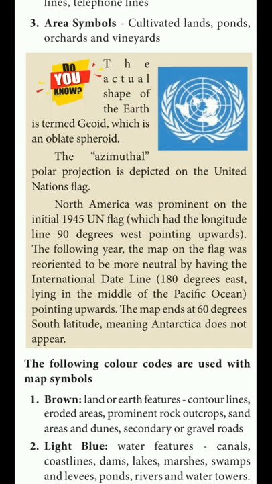The following year, the map on the flag was reoriented to be more neutral by having the international date line, that is 180 degree east, lying in the middle of the Pacific Ocean, pointing upwards. The map ended at 60 degrees south latitude, meaning Antarctica doesn't appear.